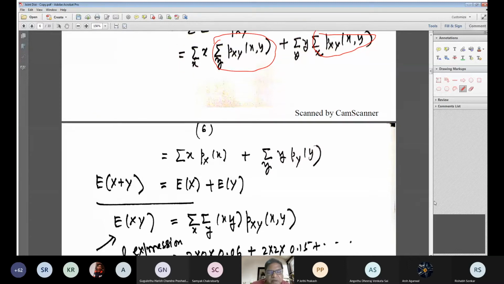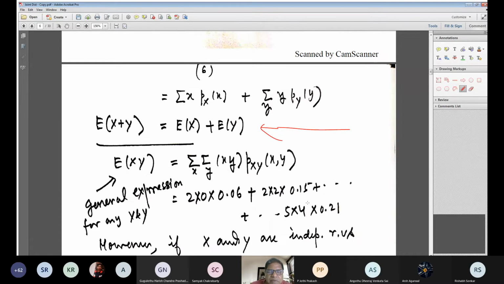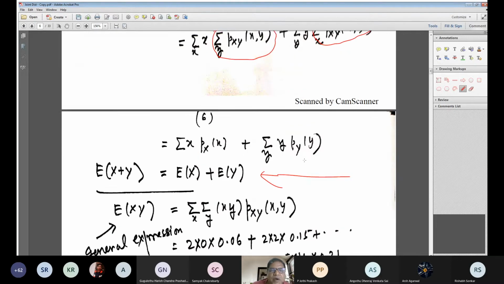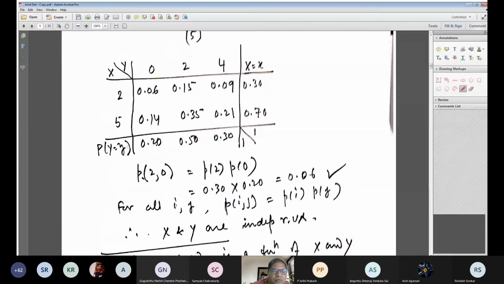In general, the expected value of x plus y is equal to E of x plus E of y. So this is one result. Now the product. When we have to find the expectation of g(x,y) equal to xy, we simply write the expected value of xy as a double summation of xy multiplied by the joint probabilities. For example, in the previous example, we need to find the expected value of xy. This is the x value, this is the y value.